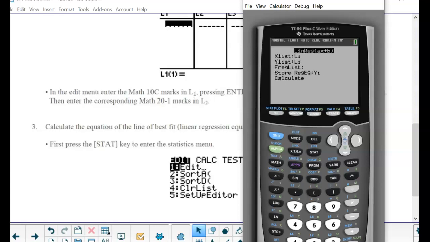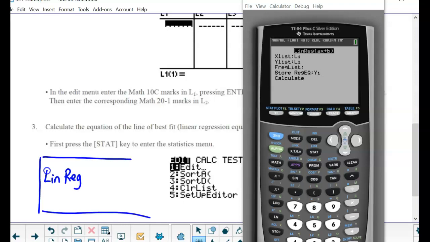If you have an older calculator, you're going to do the same, and you will see this on your screen. So then you want to enter L1, with a comma, L2, comma, and then the Y1.